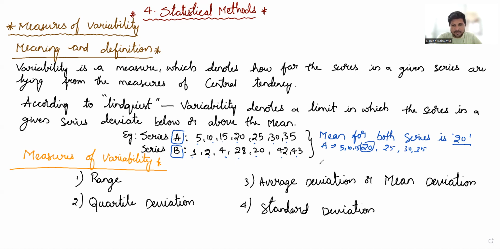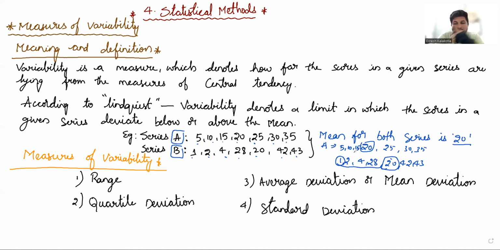But when it comes to 1, 2, 4, 28, 20, 42, and 43, there's a lot of difference. For example, take this number: 1 is very much far away from 20, right? That is why there's a lot of difference, but the mean is the same.